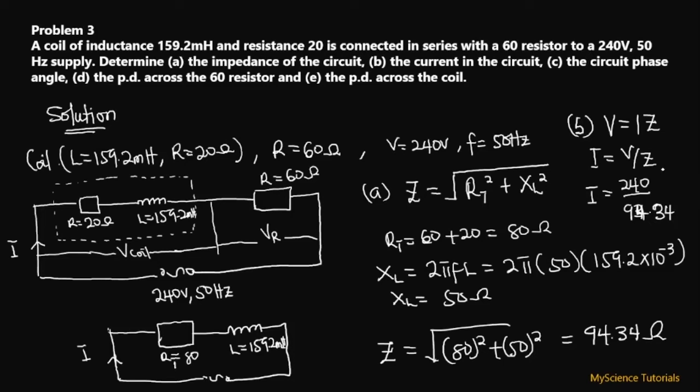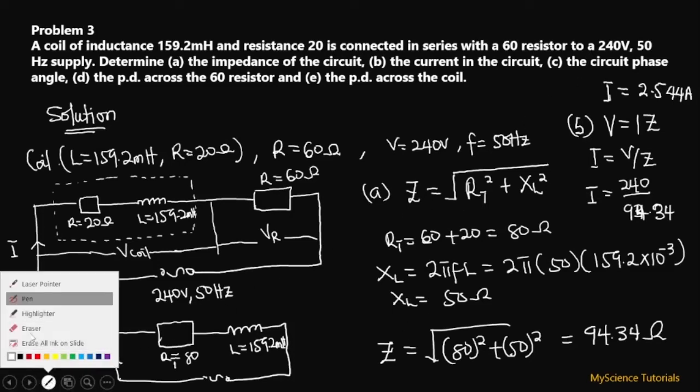If we compute everything into the calculator, we are going to get our current to be 2.544 amperes.